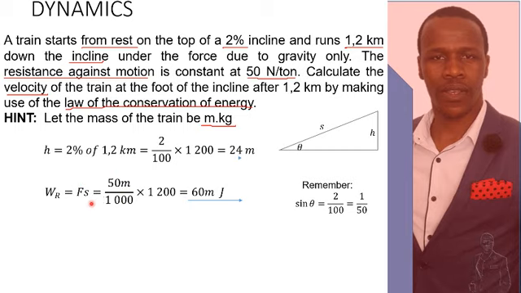What about S? S remains the same, 1200, still the same as 1200. So this 1200 is for S, this part is for FR. That's the part. So when you multiply those two, you get 60 times mass joules.